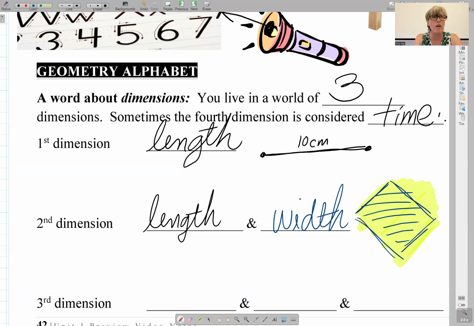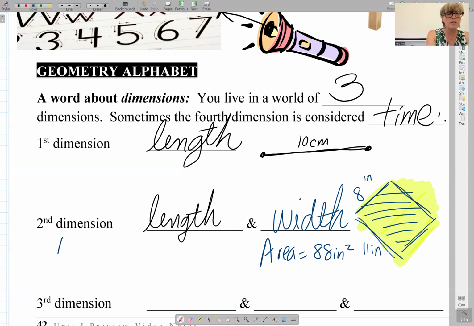So if I wanted to find, let's say, the area of a piece of paper, and it is approximately 8 inches by 11 inches, then that would have the area of 88 inches squared. You use squared units for the second dimension. That is area.